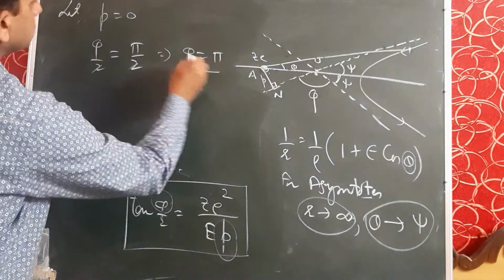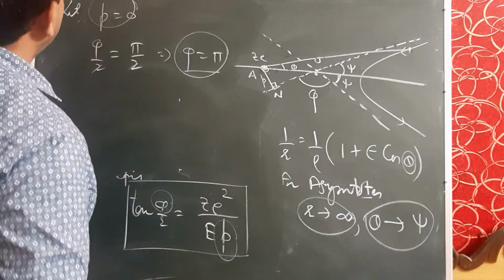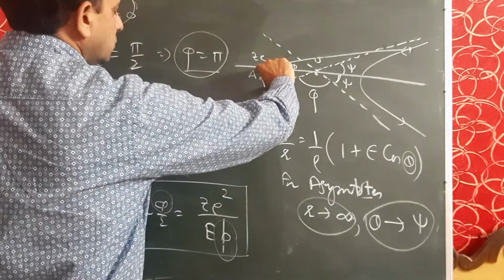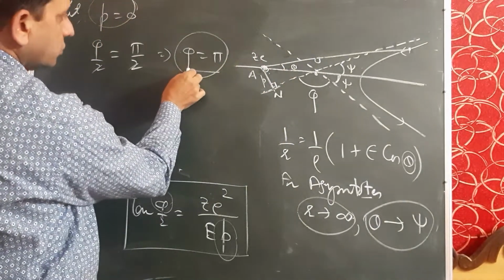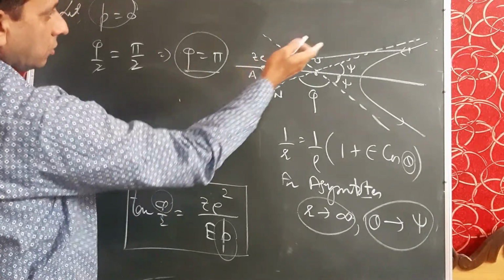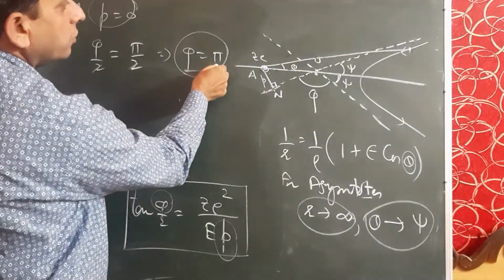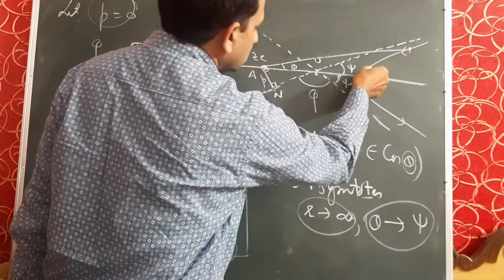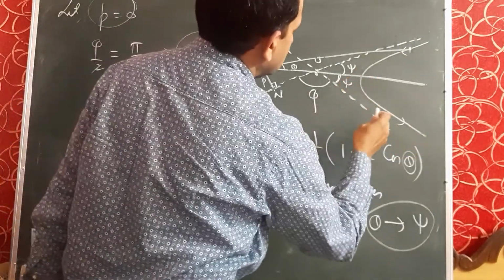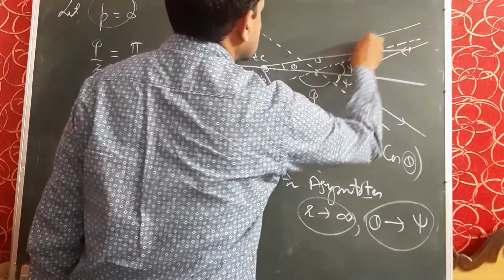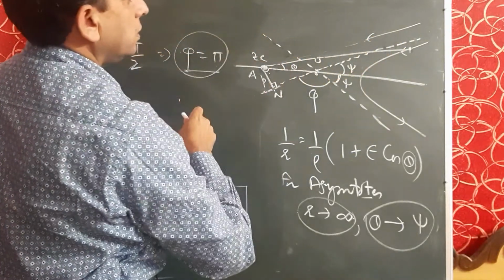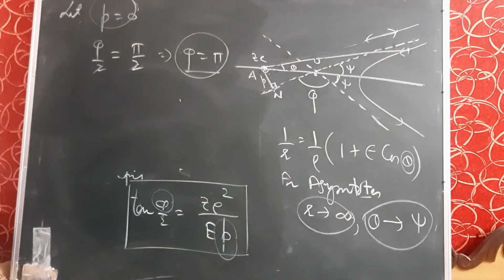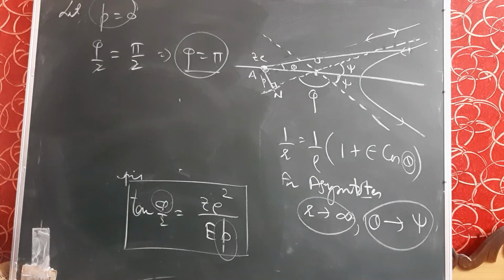What is the meaning of this condition? When P becomes 0, P means the impact parameter. If the distance is 0, then the angle of scattering means the alpha particle is scattered at an angle of pi. Pi means 180 degree. When the particle is directed towards the heavy atom, the heavy nucleus, then it will go back in the reverse direction because the angle is 180 degree.